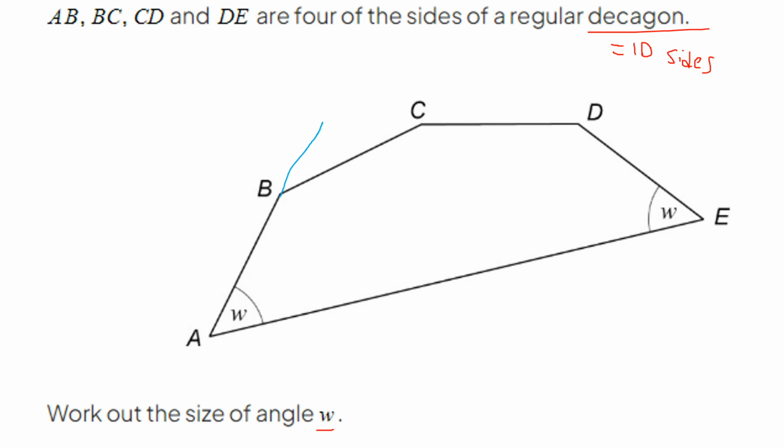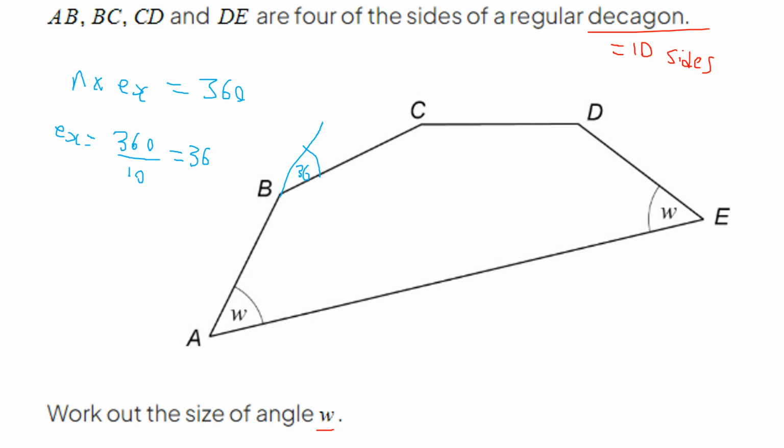Remember what we said. n times x is equal to 360. So therefore, the exterior angle is just going to be equal to 360 divided by 10, which is equal to 36. So this angle here is equal to 36, doesn't it?